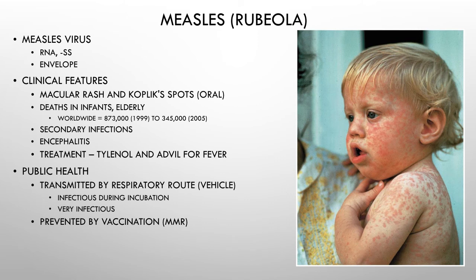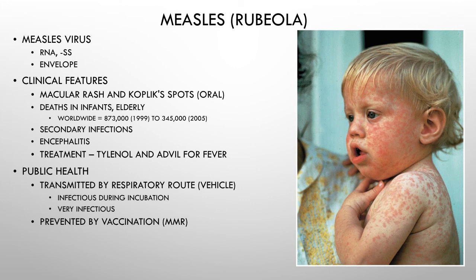Another example of a respiratory infection caused by a virus that produces skin symptoms is measles. This is an RNA virus that's enveloped, and it's, again, probably the respiratory route is more important, and it spreads very, very easily and through the air. This is true vehicle transmission. It produces these kind of raised, I don't say blisters, but rash on the skin and in the throat.